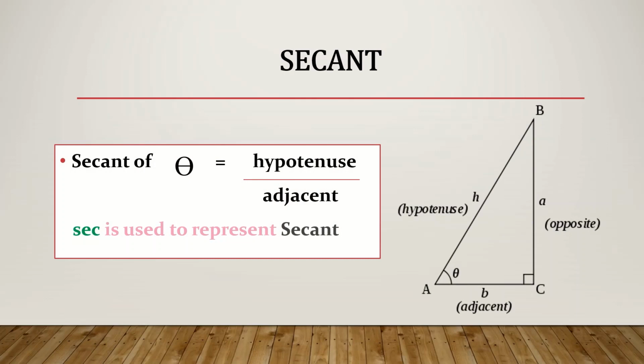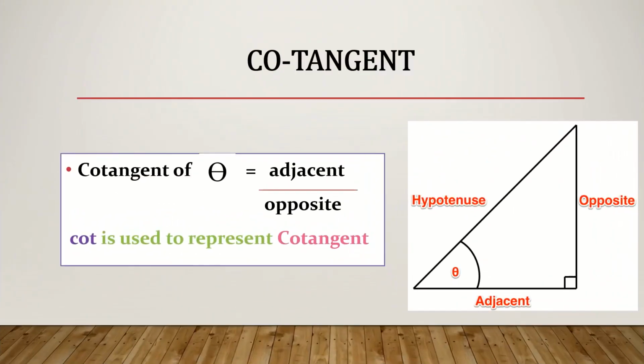Secant of angle theta is defined as the hypotenuse divided by its adjacent side. Sec is used to represent the secant of theta. Cotangent. Cotangent of angle theta is defined as the adjacent side divided by its opposite side. Cot is used to represent the cotangent.